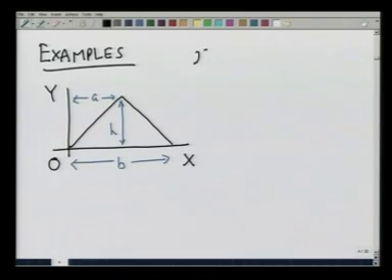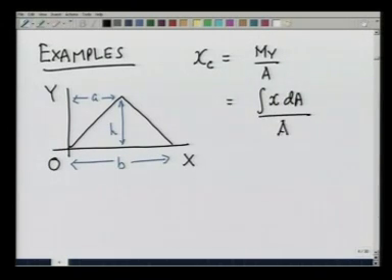Let us first calculate x c, which is related to m y divided by the total area, which is equal to integral x dA over the total area. To calculate x dA, or the moment about the y axis, let me take a small area dA like this parallel to the y axis. This distance I will take to be dx.